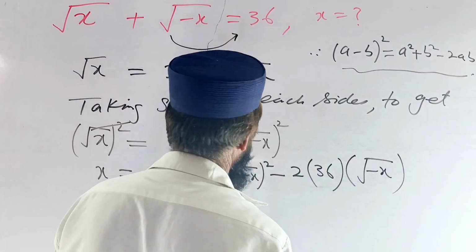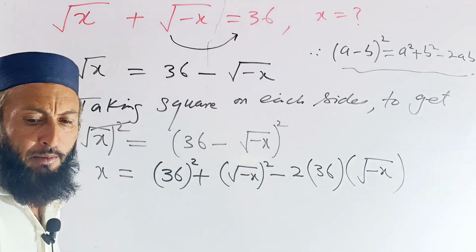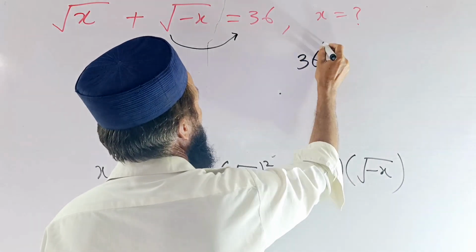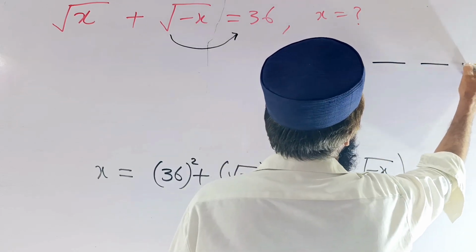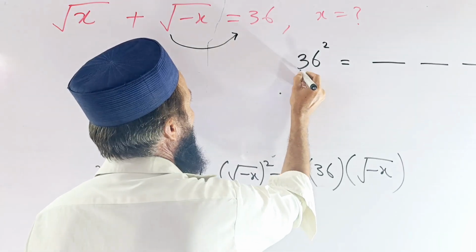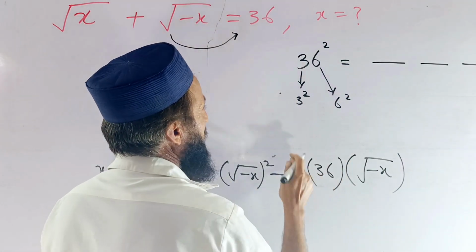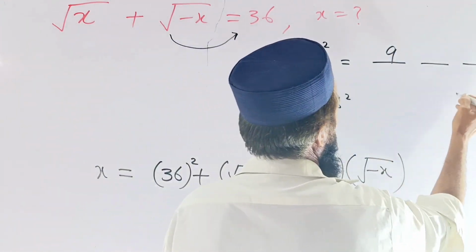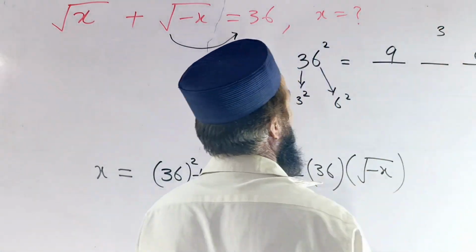If you have not calculated 36 square, remember this one. Look here, we put 3 square and 6 square. 3 square is 9 and 6 square is 36, and 3 is carried up to this integer.